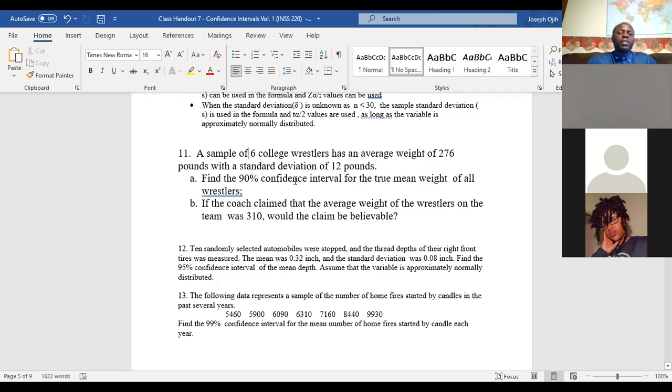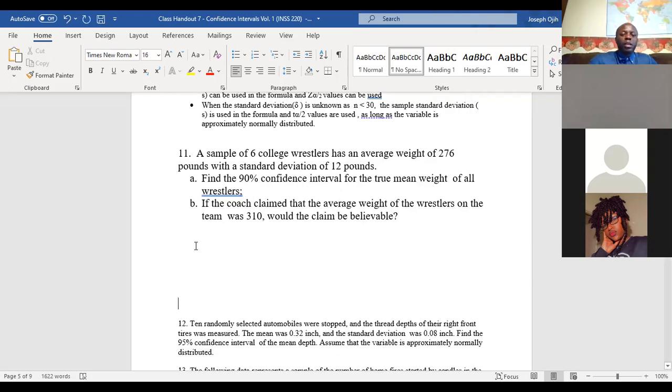Find the 90% confidence interval for the true mean weight of all wrestlers. If the coach claimed that the average weight of the wrestlers on the team was 310, would that claim be believable?